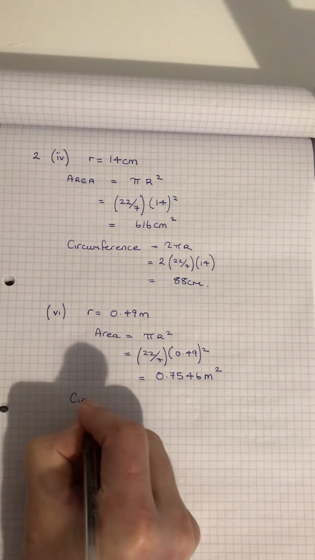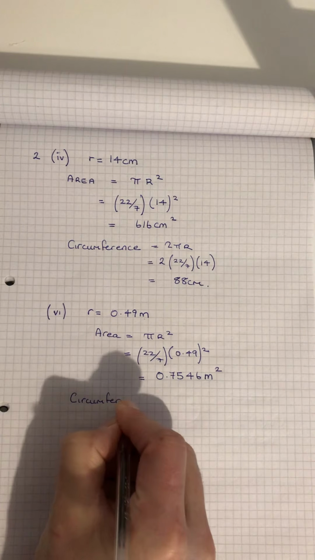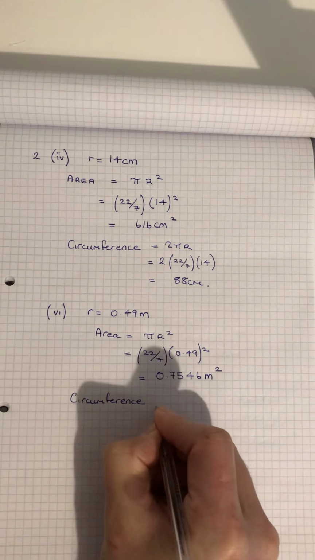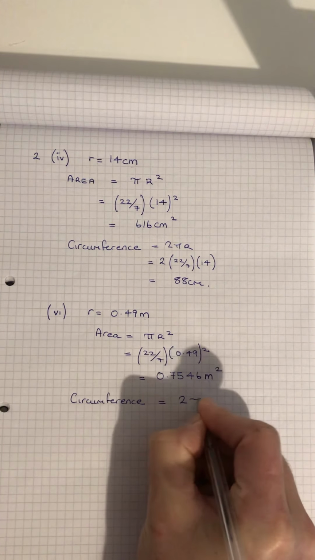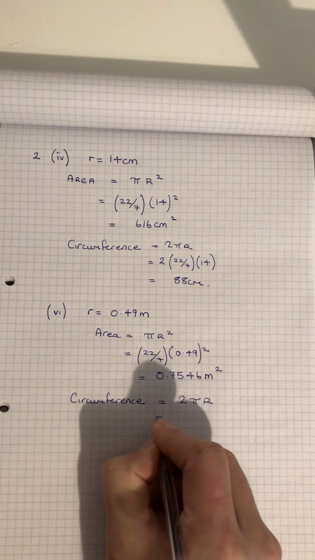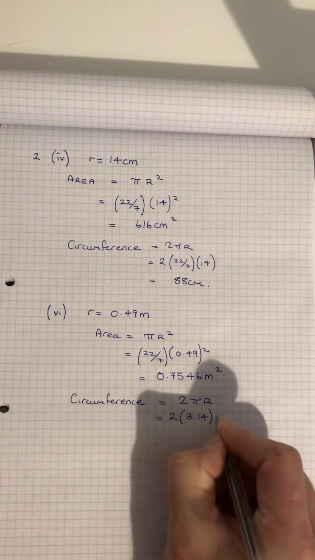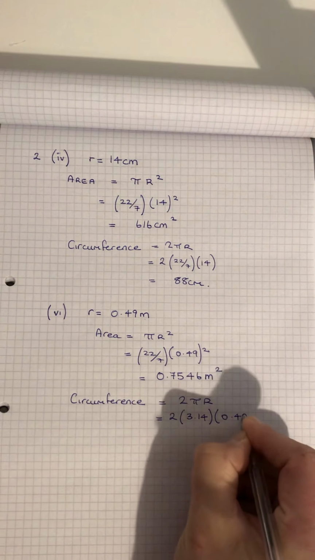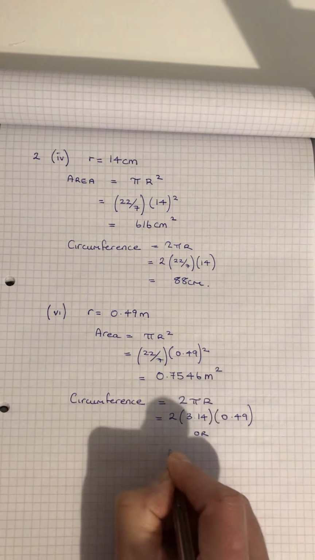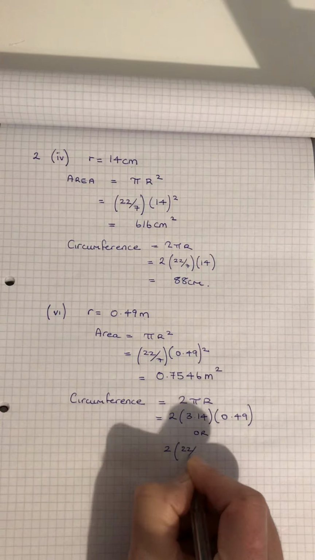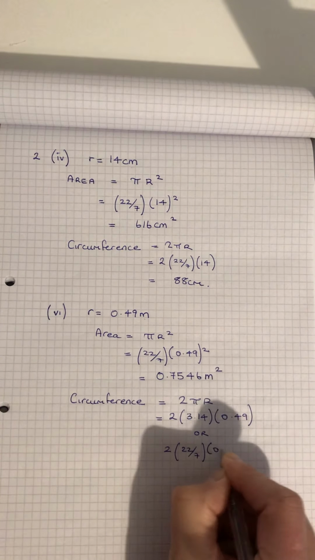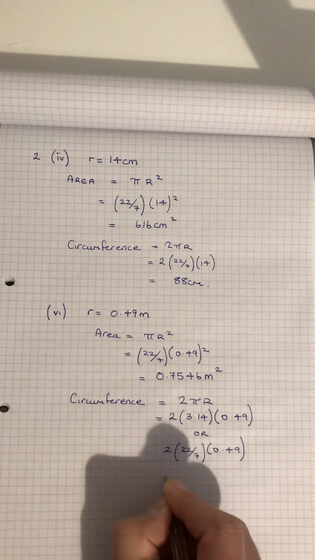And what about the circumference? The circumference is equal to 2 pi r, which is 2 times 3.14 times 0.49, or 2 times 22 over 7 times 0.49.